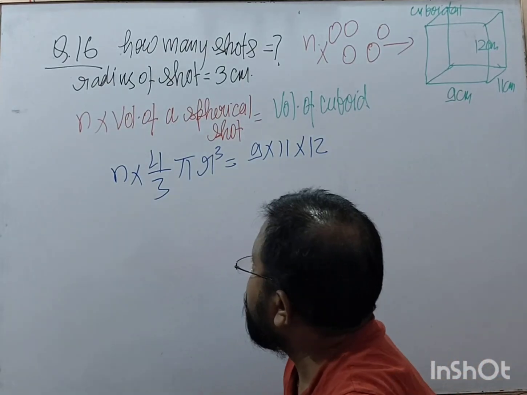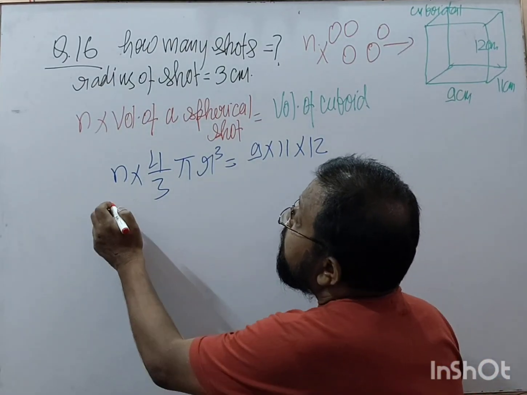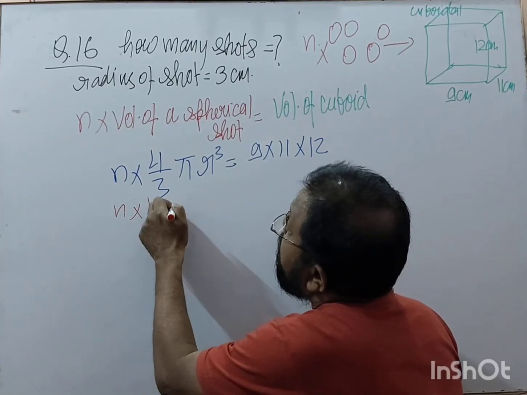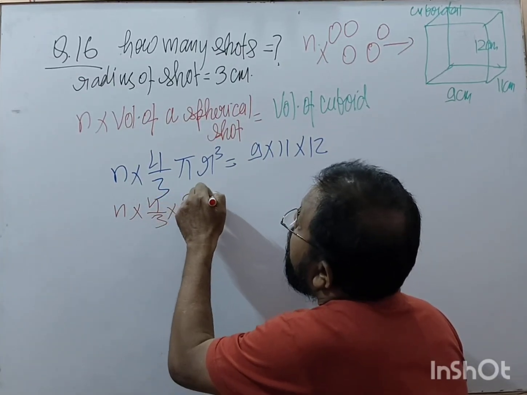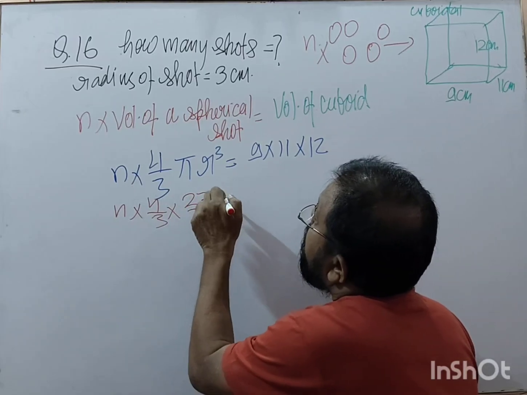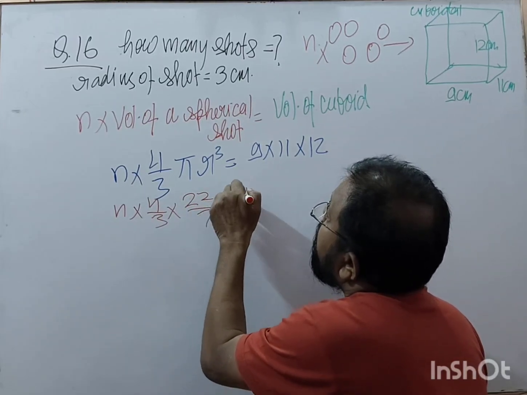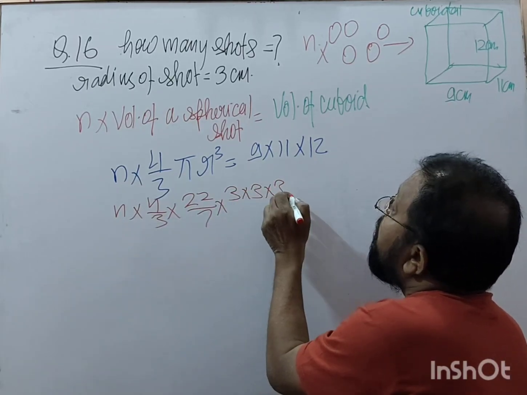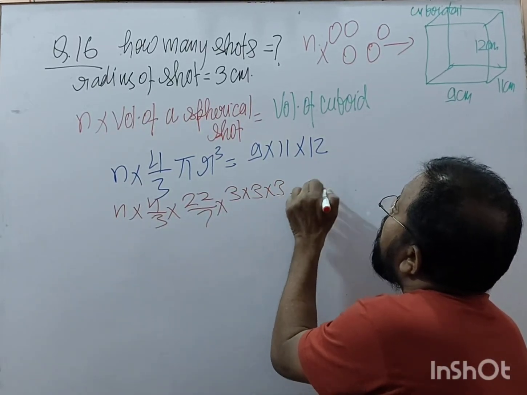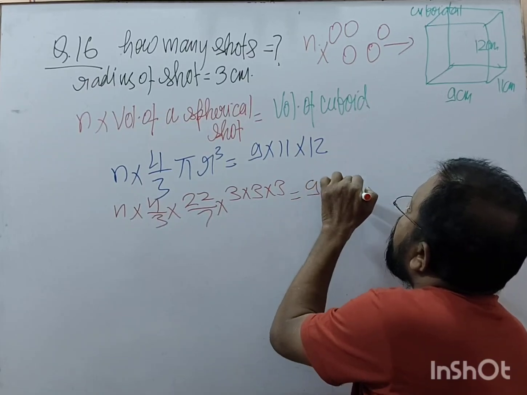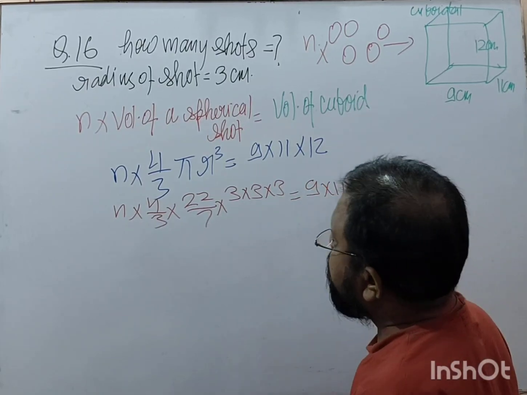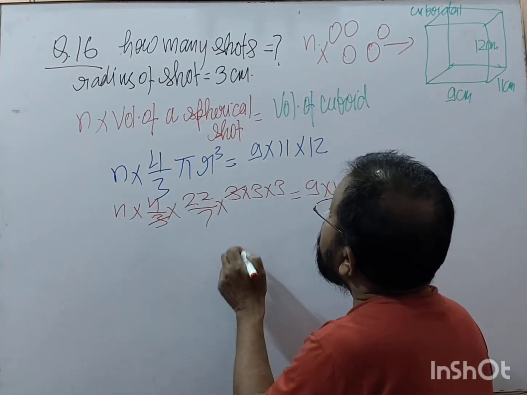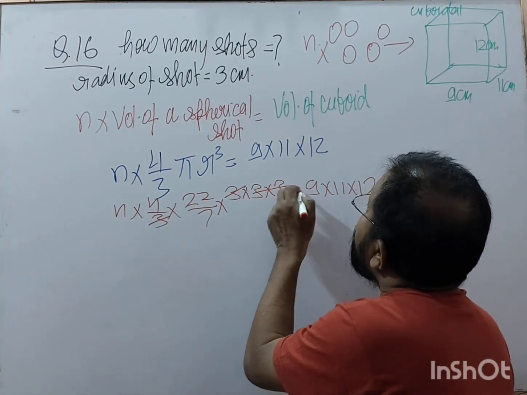We do it again. That is n into 4 by 3 into 22 upon 7 into 3 into 3 into 3 is equal to 9 into 11 into 12. So this 3 and 3 is gone, and 3 times 3 becomes 9.